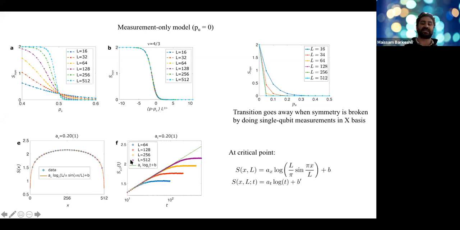If you go to the critical point and look at the entanglement entropy of a subregion, it looks like what you'd expect for a CFT, where you have this log L. You can fit it to the usual form of a CFT entanglement entropy, and the coefficient here is a universal quantity. It's not related to the central charge.